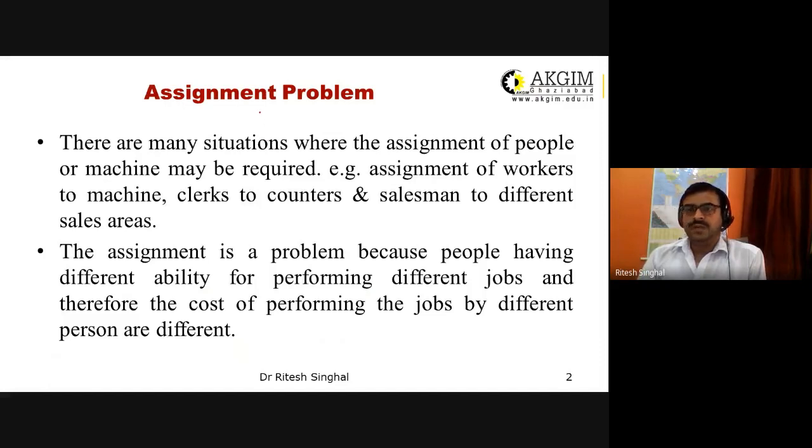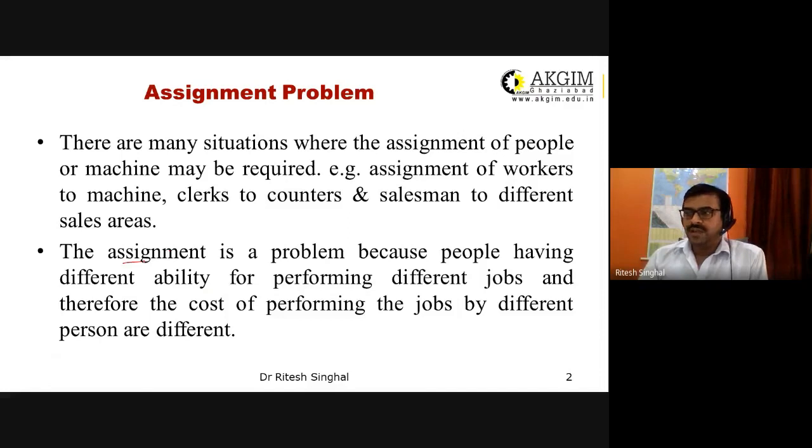So, as we know in previous classes, what is an assignment problem? Assignment is a problem because different people have different ability to do different jobs, and obviously the cost of performing the job is also different from person to person and job to job.